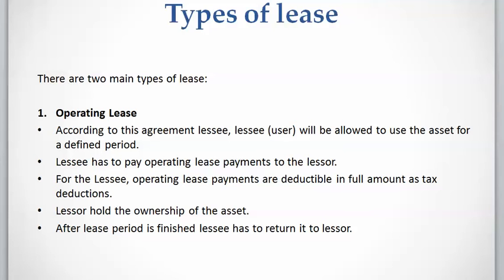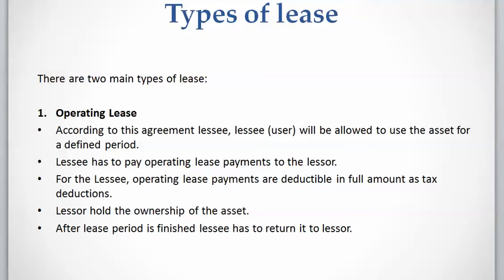In this type of lease, usually the lessor holds the ownership of the asset. It can be agreed that it is optional for the lessee to take the ownership, but it is assumed that in the operating lease, the lessor holds the ownership of the asset.